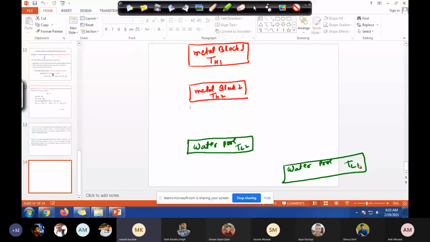Then you have a heat engine, which is reversible. Here the temperature is THS, here the temperature is TLS. Heat QH is coming, QL going.